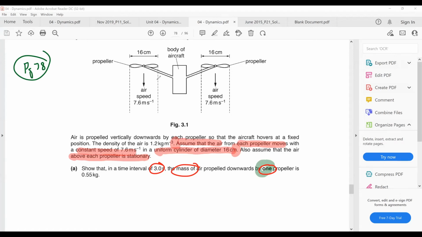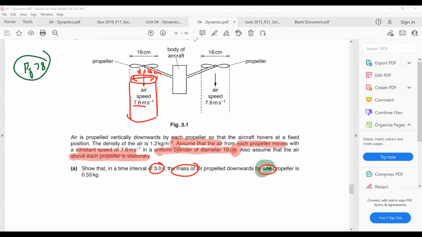The air that is being pushed down by the propeller is in the form of a cylinder with diameter 16 centimeter. So they want you to find out what is the mass of air that they've propelled in a time interval of 3 seconds. They told you that the air is moving at 7.6 meters per second.